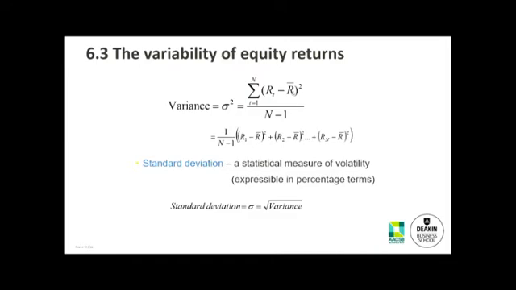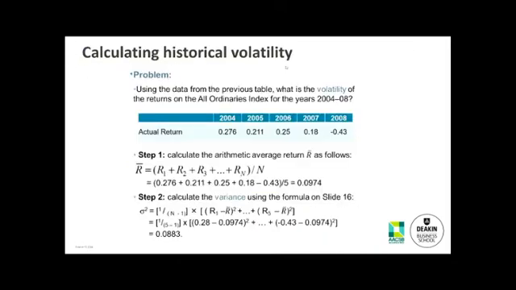Do you agree? How many returns? 5 returns, right? So you will have 5 differences, and then you take the square of all these 5 differences, and then you sum them up. You will then have a numerator.